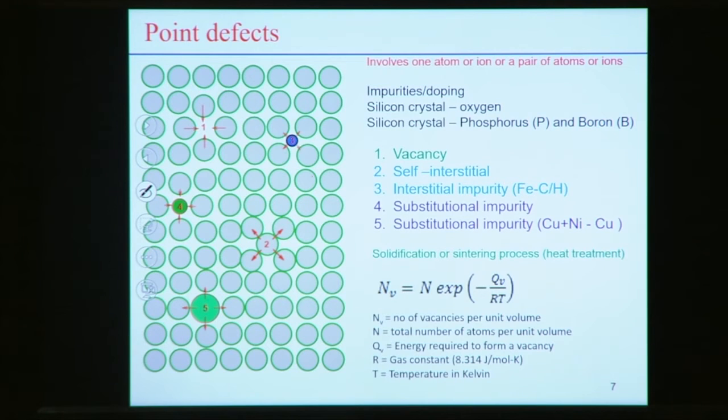Now if we look into the silicon crystal, if we intentionally add phosphorus or boron to improve the electrical conductivity of this material, that can also be called a defect, but this type of defect is beneficial, or used to orient the single crystal, to bring some specific properties or enhance some properties for a single crystal structure. But basically, how can we categorize the different types of point defects?